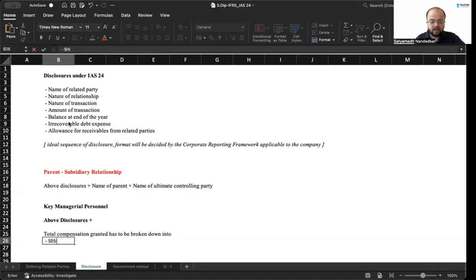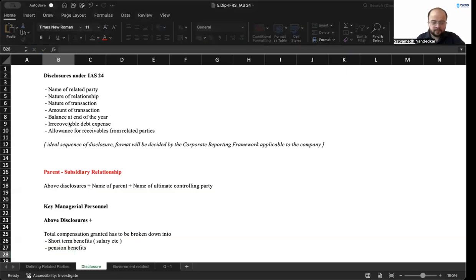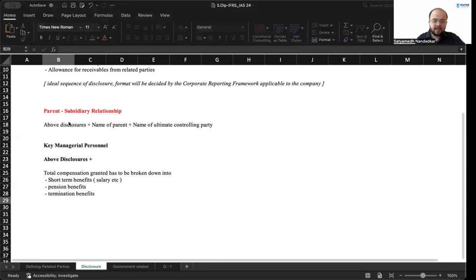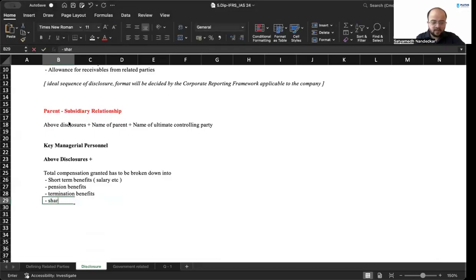First of all, short-term benefits, that is your salaries and your regular incentives, salary, perquisites, all of that. Then pension benefits have to be disclosed. Then termination benefits. And one last thing, share-based payment schemes.